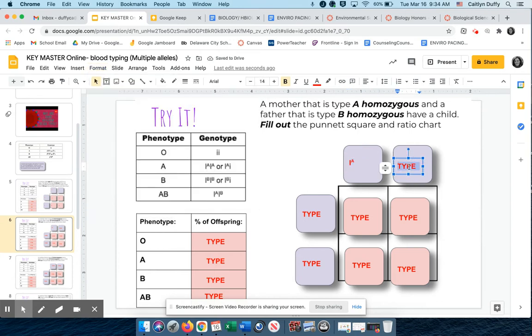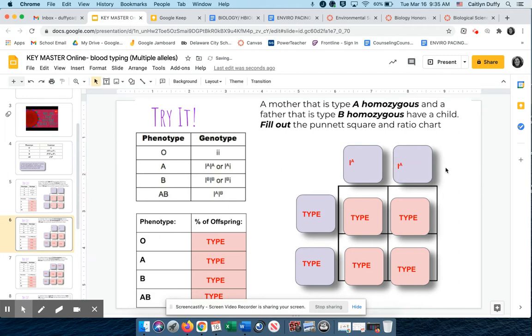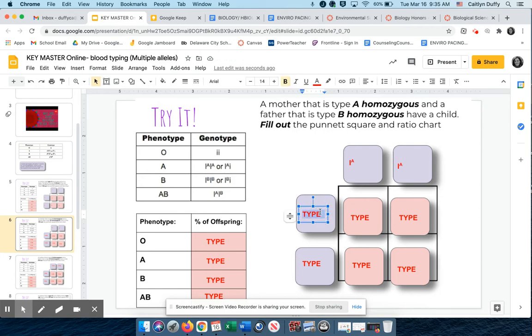Or you can simply do big I and then Command period, which we'll take as a superscript. So that's mom. Dad is big I^B, big I^B. I'm going to just highlight that, Command period. Again, Command period. That's going to raise that up.